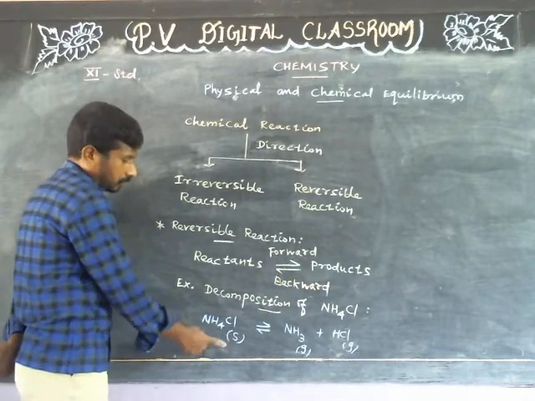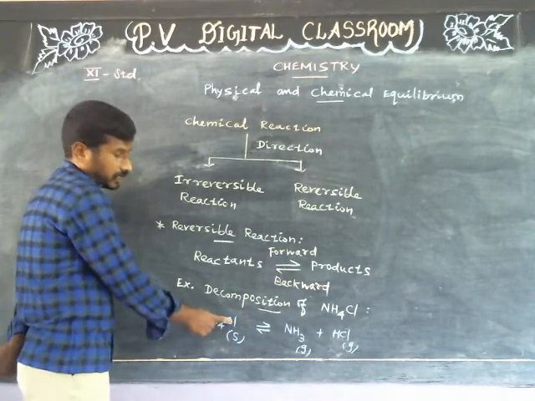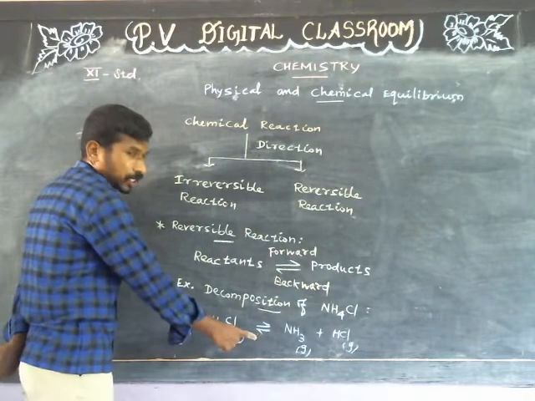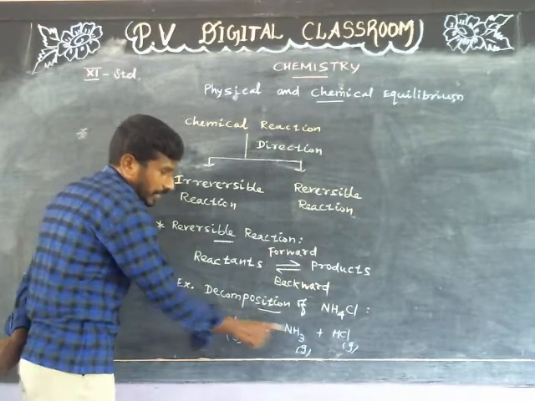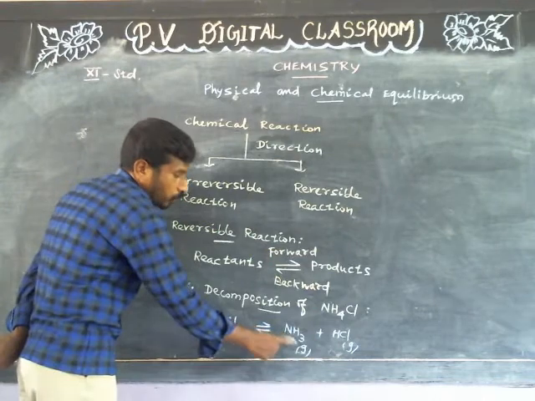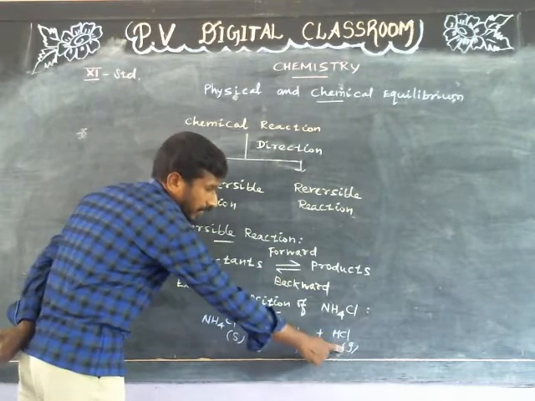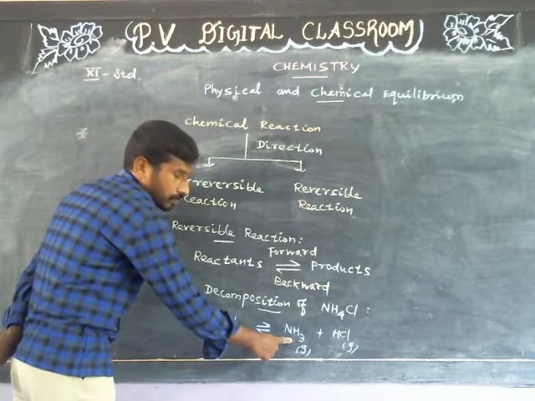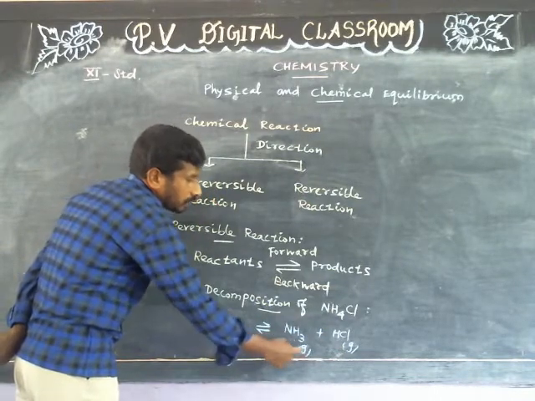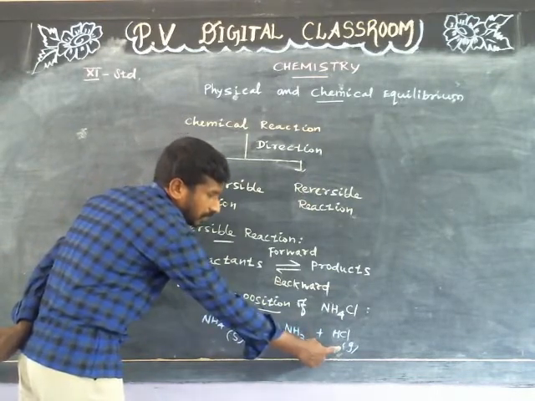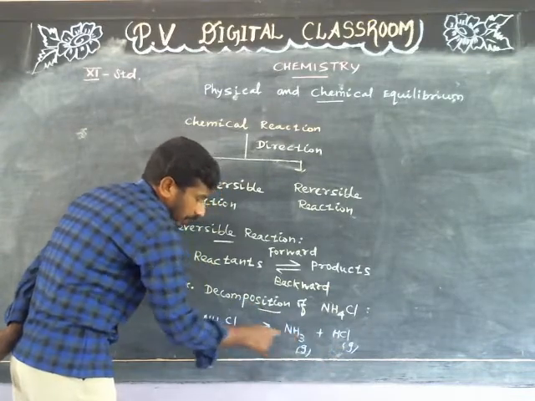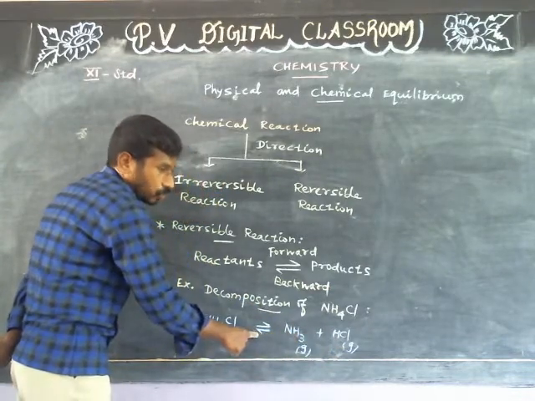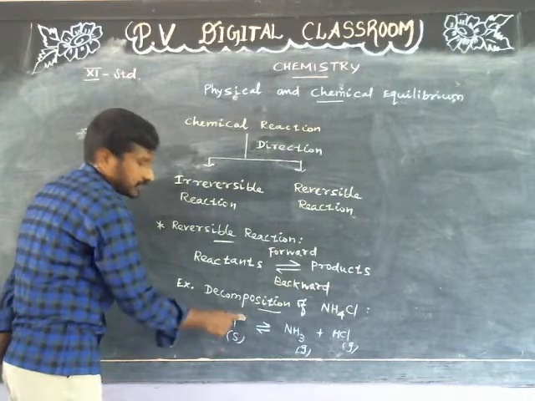In this reaction, ammonium chloride undergoes decomposition in the forward direction to give ammonia gas and hydrogen chloride gas. At the same time, the products ammonia gas and hydrogen chloride gas react with each other in the backward direction to give back the reactant ammonium chloride.